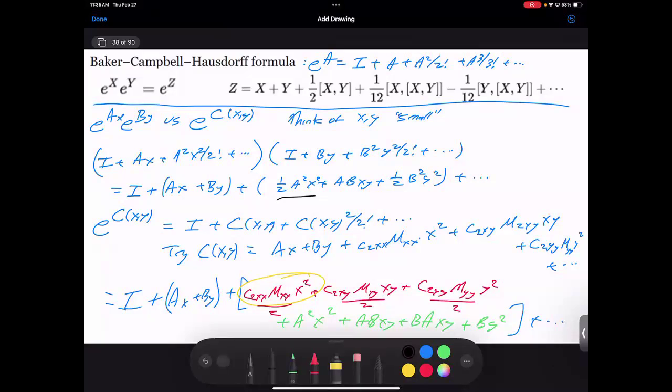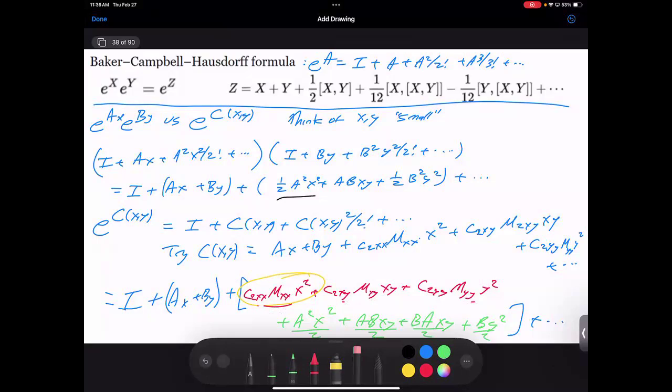Okay, let's see. Oh, yes, they have it divided by 2. You're right. You are right. And then the red terms don't have the divided by 2. I put the divided by 2 in the wrong spot. Thank you. Okay, good. Okay, now that we have that, then yes, then the mxx.